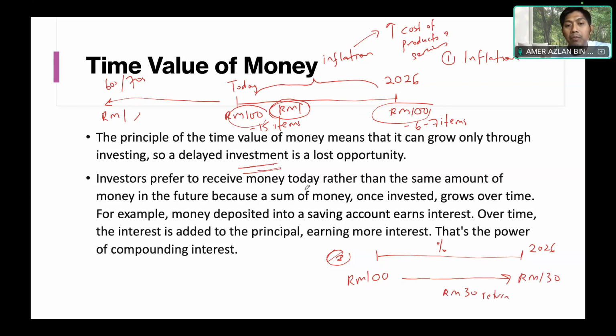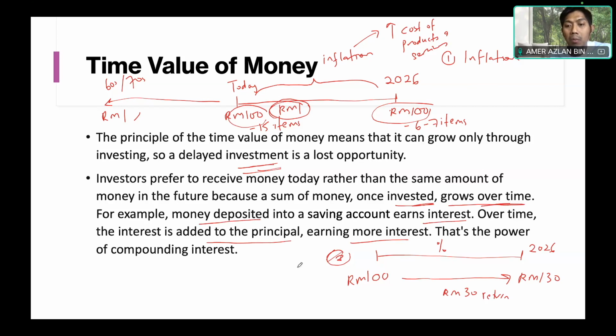So investors prefer to receive money today rather than the same amount of money in the future, because once the money is invested, the value of the money will grow over time. For example, if you deposit your money into a savings account, you get returns from the savings or investment. Over time, the interest will be added to the principal, earning more interest.